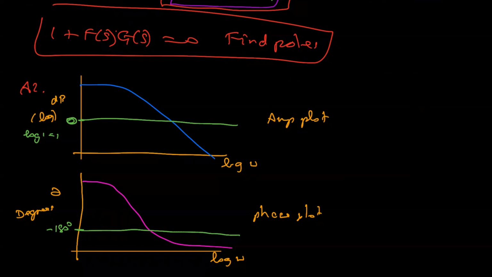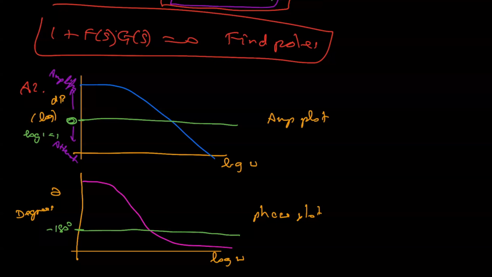Just remember that anything above here is amplifying. Anything down here is attenuating. So if we amplify and we're at minus 180 degrees, that's bad news.